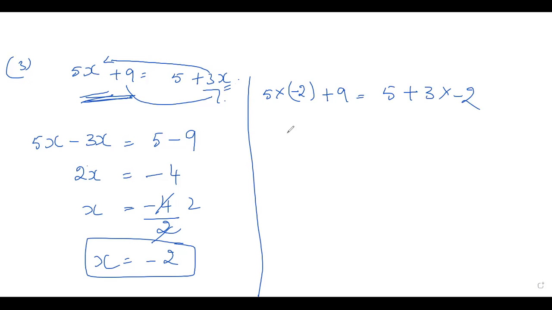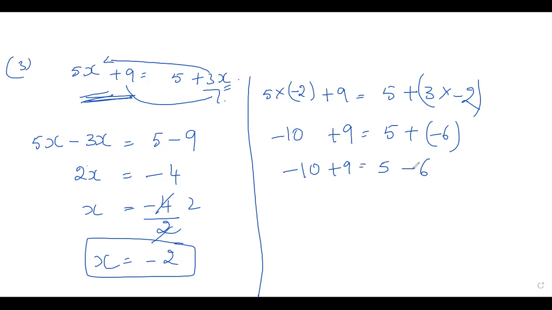So 5 into minus 2, that is minus 10 plus 9, 5 plus 3 into minus 2, that is minus 6. Plus into minus is minus. Minus 10 plus 9, that is minus 1. 5 minus 6, that is minus 1. LHS is equal to RHS.